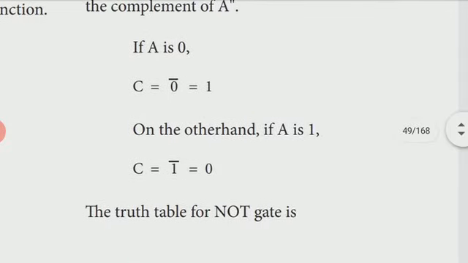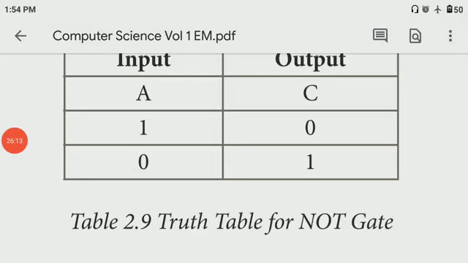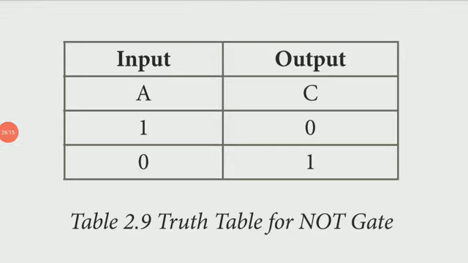See the example they gave: if A equal to 0, then the answer becomes 1. If A equal to 1, the answer becomes 0. This is the truth table for the NOT gate. Here A is only one variable, so 2 power 1 is 2, and we used 2 values here.